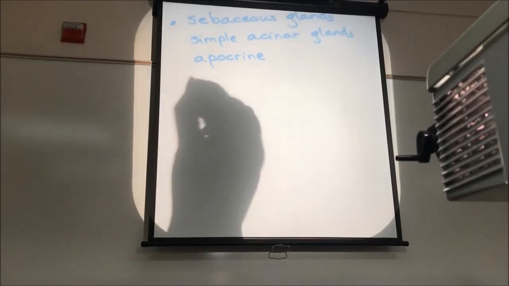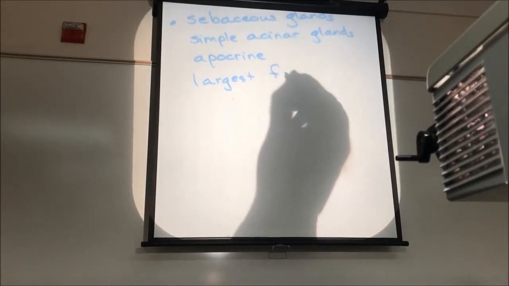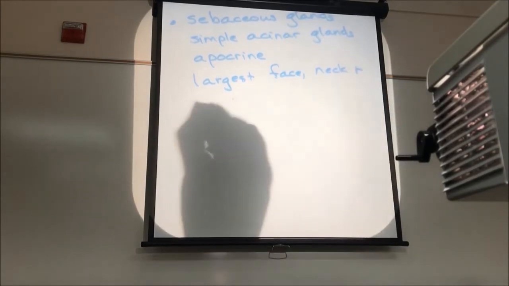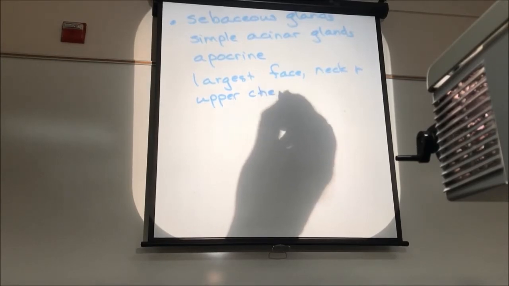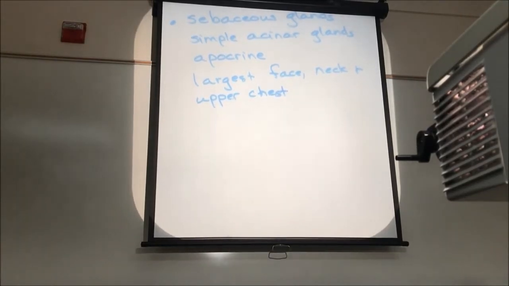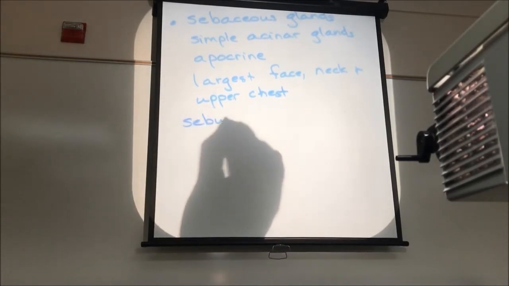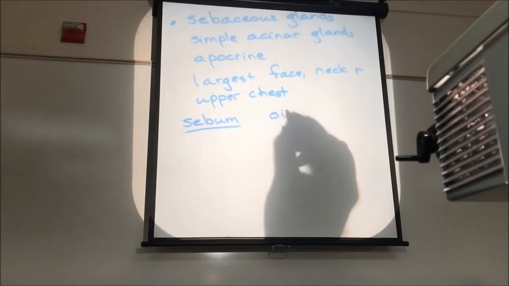They vary somewhat in size. The largest ones are on our face, neck, and upper chest. What the sebaceous glands secrete is a material called sebum. This is a very oily substance.